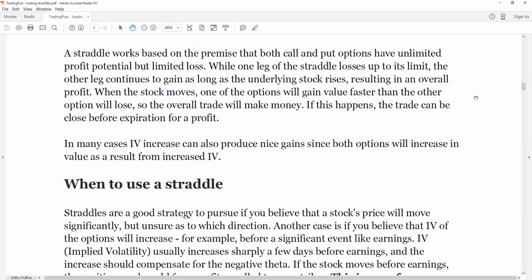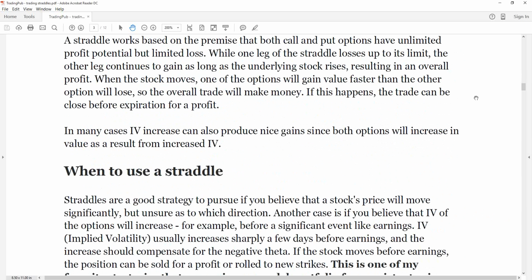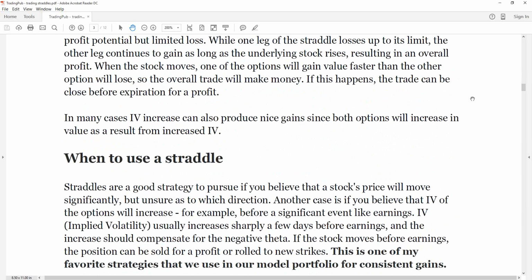So when one leg of the straddle loses up to its limit, the other leg continues to gain as long as the underlying stock moves, resulting in overall profit. When the stock moves, one of the options will gain value faster than the other option will lose, so the overall trade will make money. And if this happens, the trade can be closed before expiration for a profit.